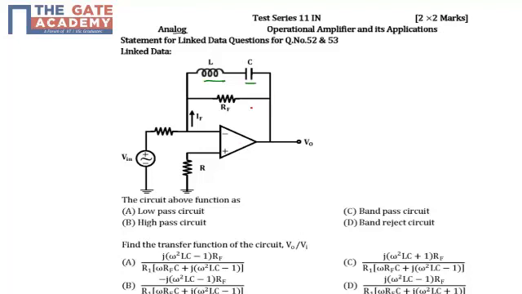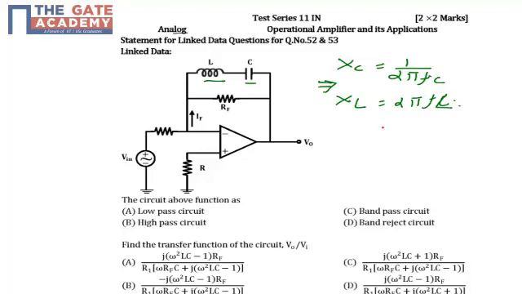The best way to find this answer, for any op-amp based active filter question, is that you should always use the property of reactive elements with respect to frequency. We know that Xc is 1 by 2 pi Fc, and XL is 2 pi FL.